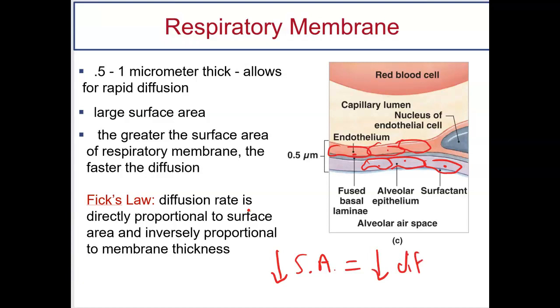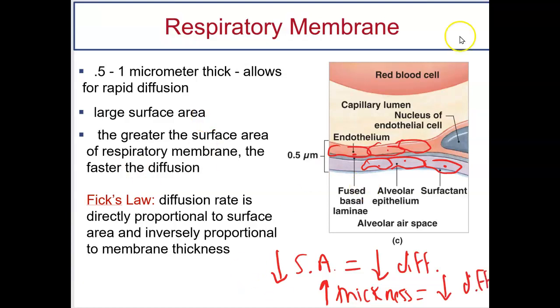You're going to decrease your diffusion rate. It will take longer for gases to move. But it's inversely proportional to thickness. So if you increase the thickness of the membrane, maybe you have pneumonia and this membrane gets really thick and clogged with mucus, well, if you increase thickness, then you also decrease diffusion.